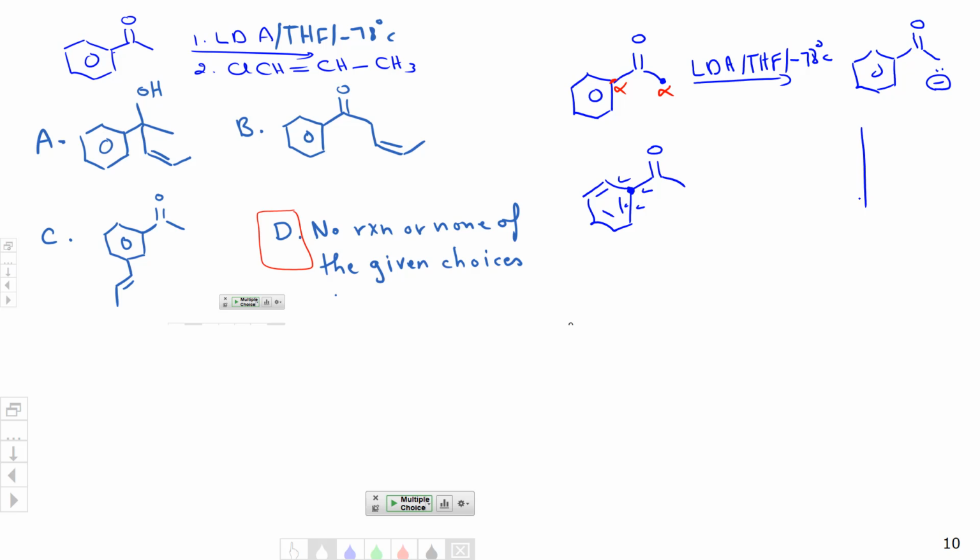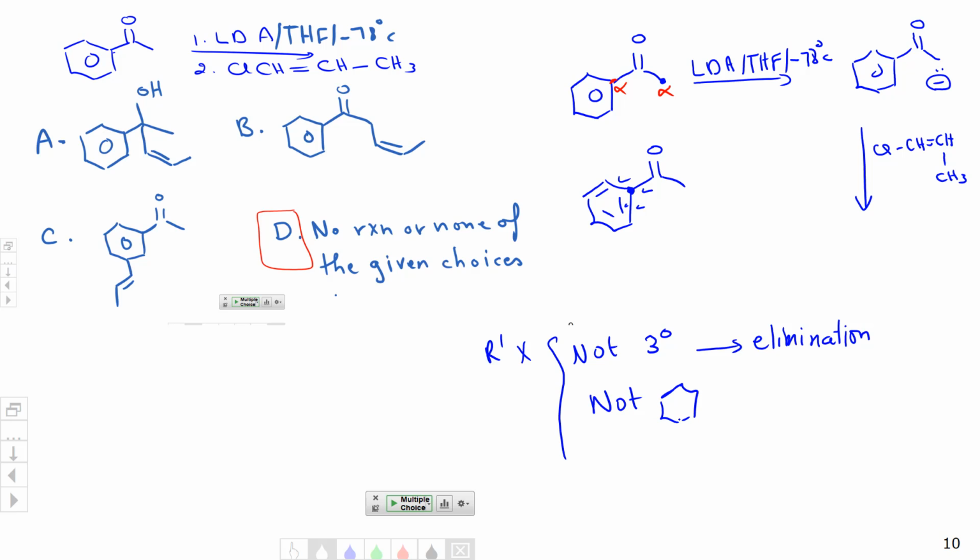Now the next step is the addition of this in here. So we learned that the alkyl halide has limitations: the R prime X is not tertiary, because it's going to undergo elimination instead of substitution, not phenyl, and not vinyl.